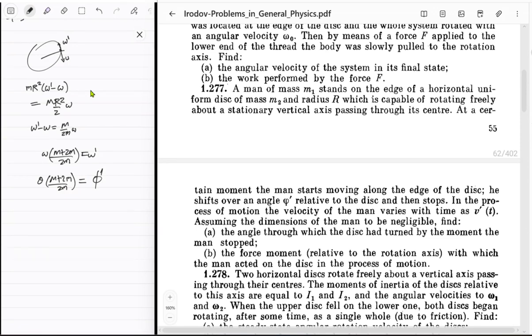Angular momentum should go to zero because it started with zero, conserved, right? That makes sense. So the total angular momentum change of the disk and man combined is zero. So B should be zero, I think, right? Because this doesn't make sense. At some particular instant, how do I figure out the torque? I don't know how to do that, given this.